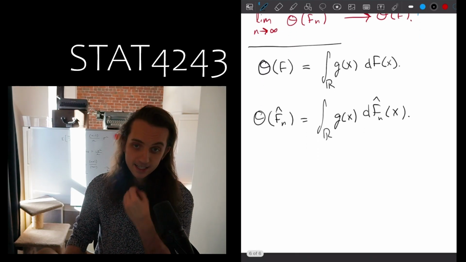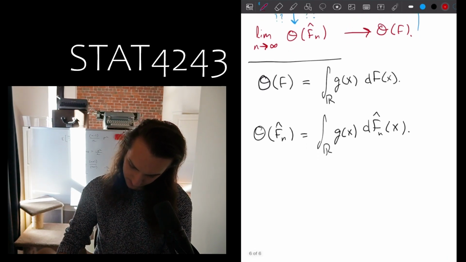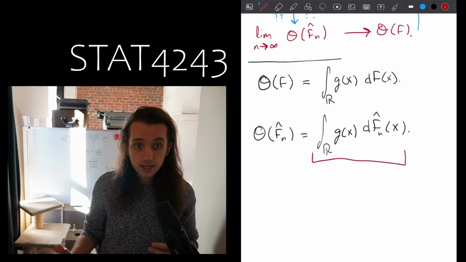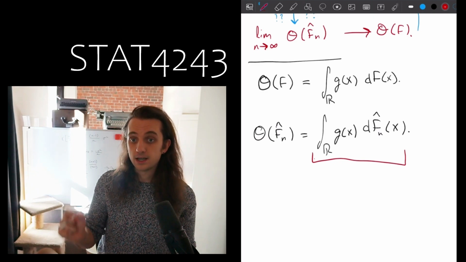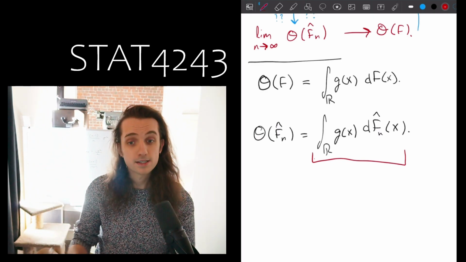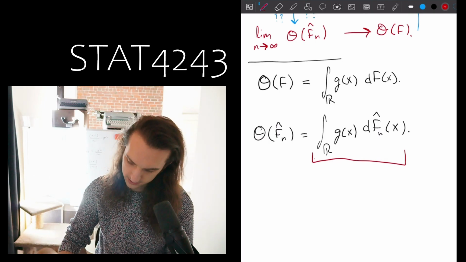And what we've said is that because we're moving to the discrete case, the integral becomes a summation, and we sum up the mass function multiplied by the function that we care about. Our mass function is going to be 1 over n for all of the values that we've observed.